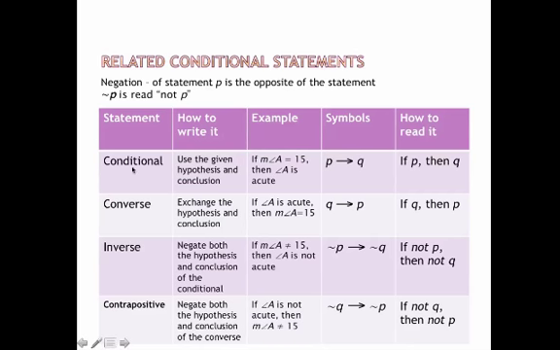The conditional is just the statement that we've been talking about: if P, then Q. The converse is just taking the P and Q and switching them around: if Q, then P. The inverse is negating both of them: if not P, then not Q. So it's the order of the conditional, but both negated. And the contrapositive is taking the converse and negating both of those: if not Q, then not P.